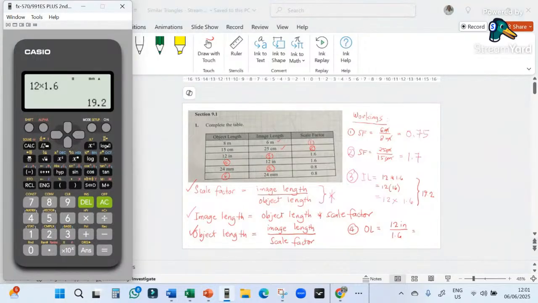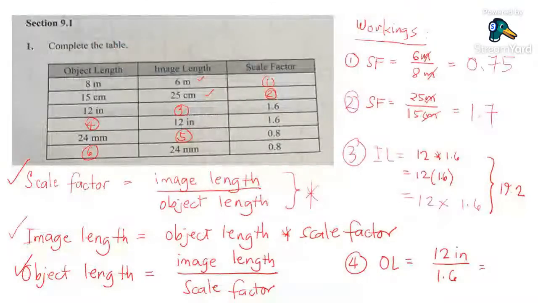Using the calculator, 12 divided by 1.6 gives us 7.5. Let's write that down, 7.5. For number 5, you will be using the number 3 workings, and for number 6 you'll be using the number 4 workings. Right, so let's do it.